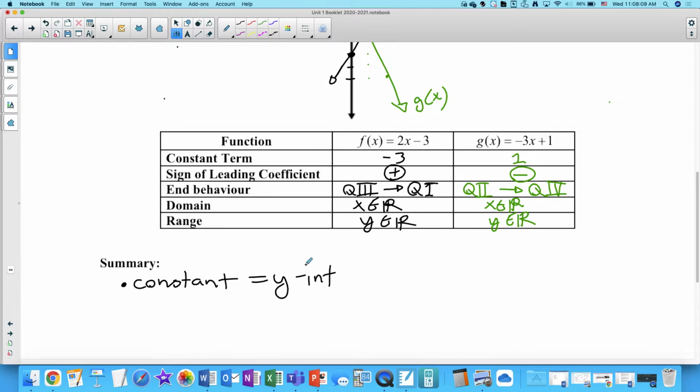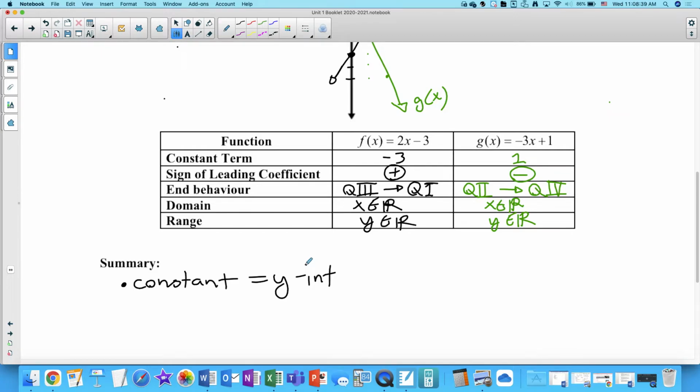But in terms of what we outlined here, what do you think it's going to affect if a is positive? Yeah, it affects the end behavior, right? And because we're talking about slope here, a is slope, you're right, right? If slope is positive, the graph is going to end going up. And if slope is negative, the graph's going to end going down, right? But in general, that would be the end behavior, okay?